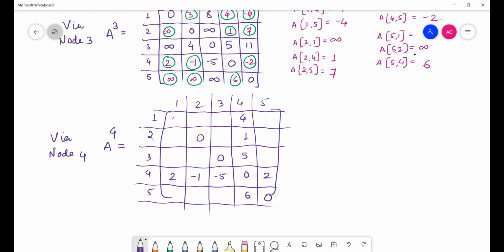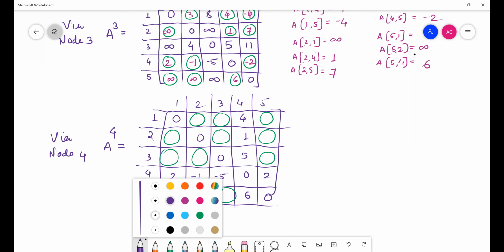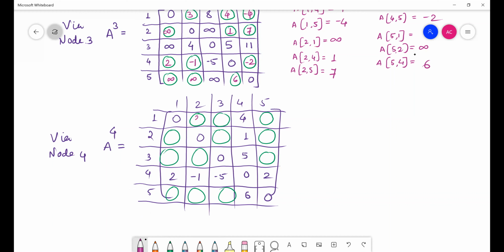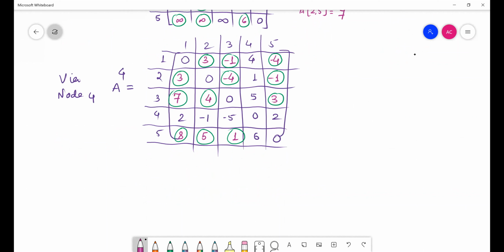Diagonals will always be 0. And then if we calculate all the missing values, the matrix that we get is like this. And again, further solving this for A5.